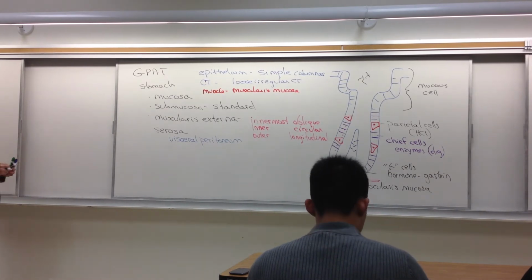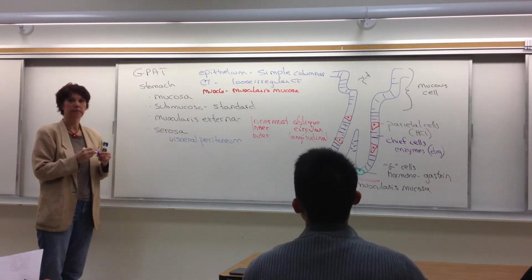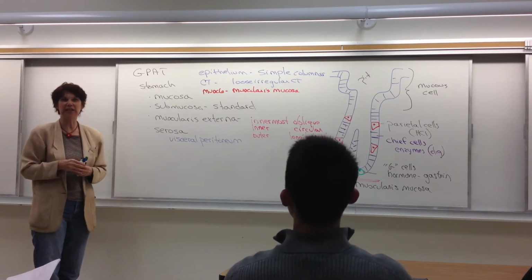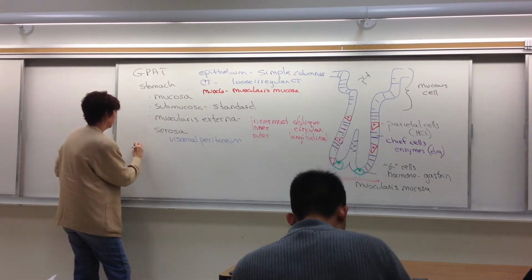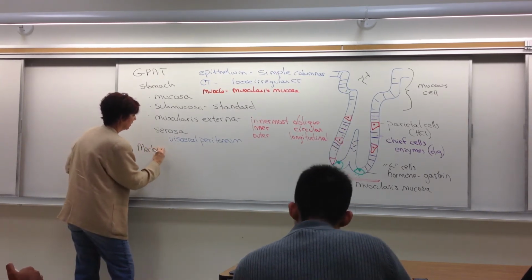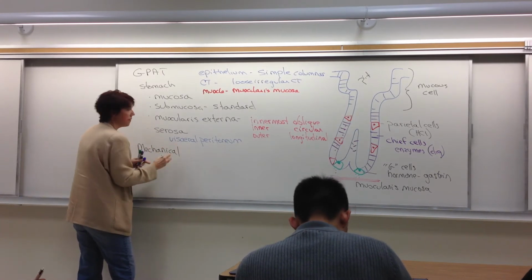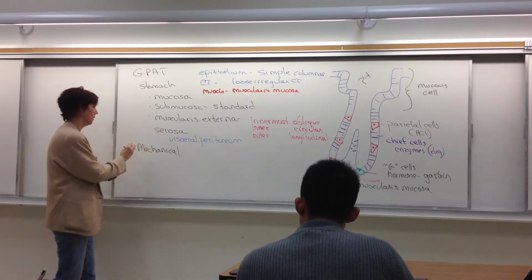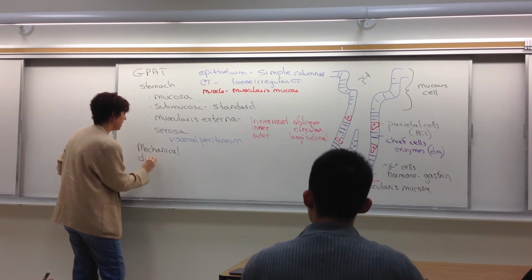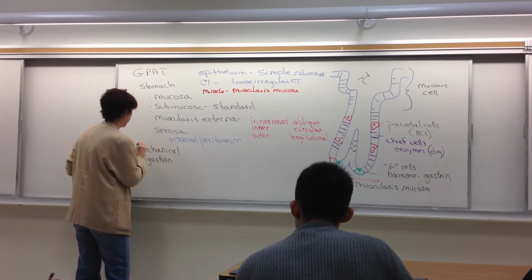The major function of the stomach? Mechanical digestion. Okay? So this is not breaking any chemical bonds, though we do that a little bit, but this is the main function.